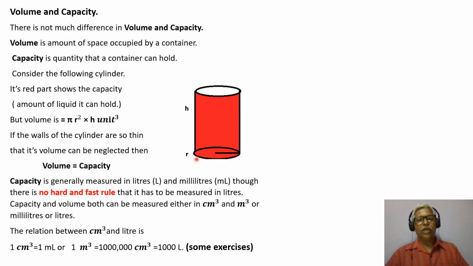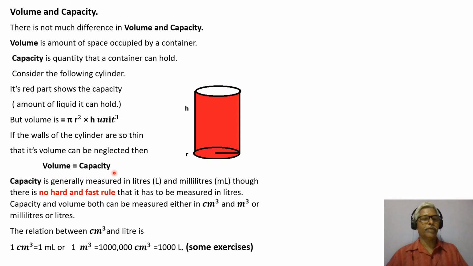This R is with respect to the outer walls. If the walls of the cylinder are so thin that the volume of the actual material, like polythene, can be neglected, so that outer radius and inner radius are almost the same, then volume is equal to capacity.